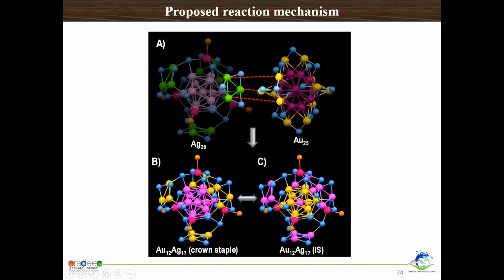Also, when we used the central-doped Ag29 nanocluster, like platinum or palladium doped, the platinum or palladium will occupy this position. If there were a direct interaction with the Au25, then the platinum would also come out and get doped into Au25, but we are not getting any such product. Yeah, okay, I got it. Thanks. Thank you, sir.